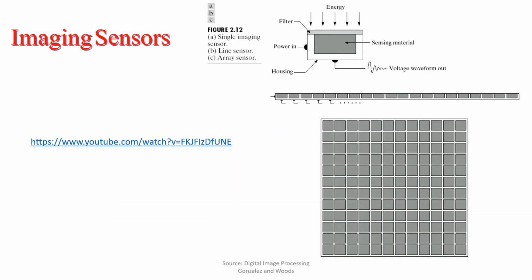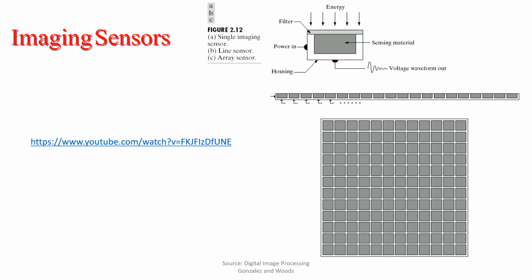Now we have seen how image formation takes place in the human eye. We will see how it takes place in digital cameras. When the light falls on an object, it gets reflected back and then it is sensed by the human visual system. Similarly, for cameras also, when the light falls on an object, it is reflected back and then it gets converted to voltage.